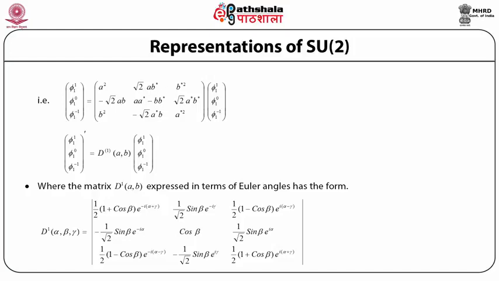So once we have a transformation matrix in terms of the parameters a and b, it's easy to translate it in terms of the Euler angles, so in terms of the parameters theta, alpha, beta or gamma, alpha, beta. And the transformation matrix in the Euler angles has the form D1 of alpha, beta, gamma.